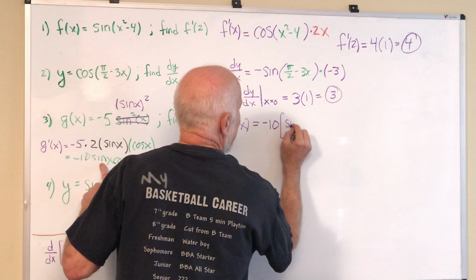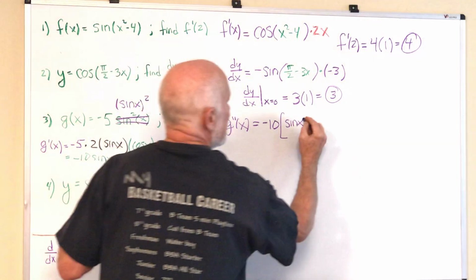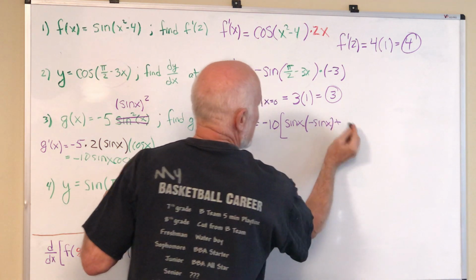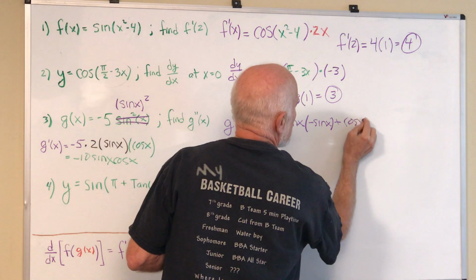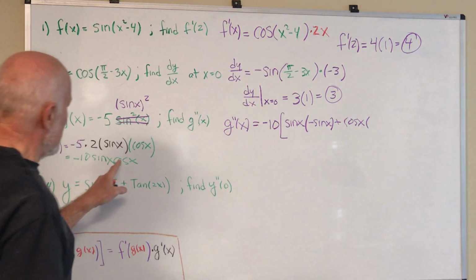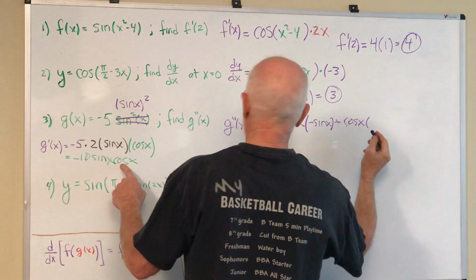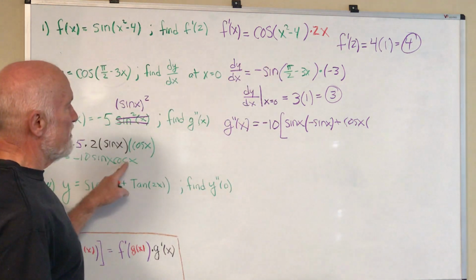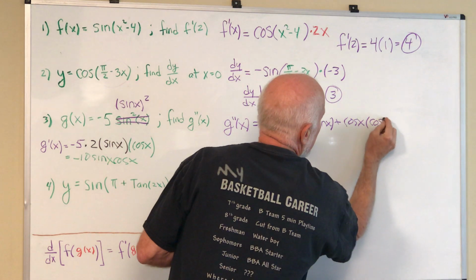It says the sine, the first function, times the derivative of the cosine, which is minus the sine of x, plus the second function, the cosine of x, times the derivative of the second function, which is the derivative of the sine, the cosine.